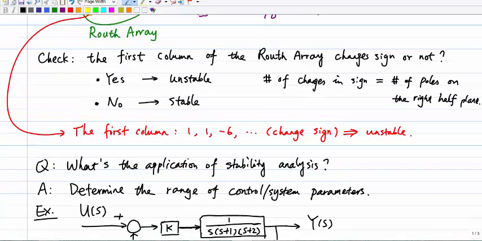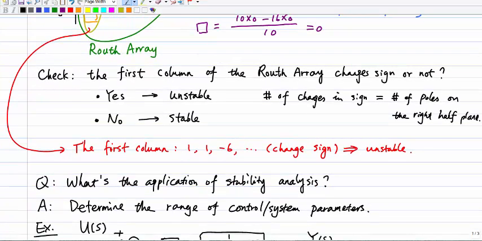One of the important applications of checking stability is if we have some unknown variable in the control system, we want to find out the range of that parameter to ensure stability. Then we can use the Routh-Hurwitz criterion to get a number of inequalities, which will determine the range of those parameters.